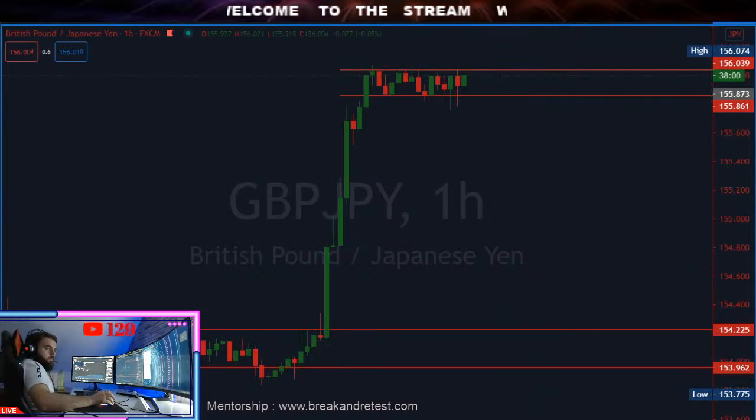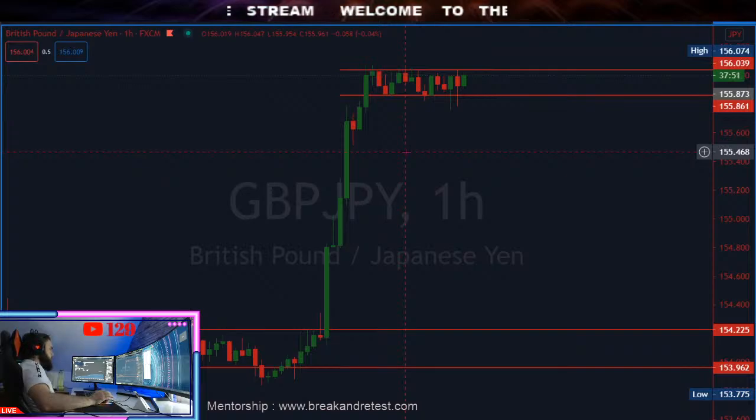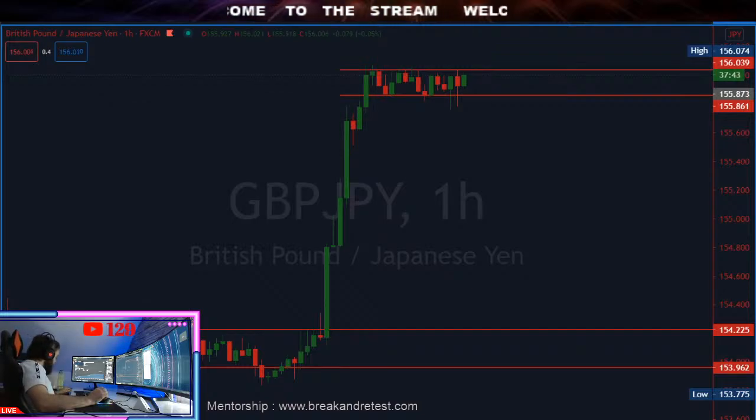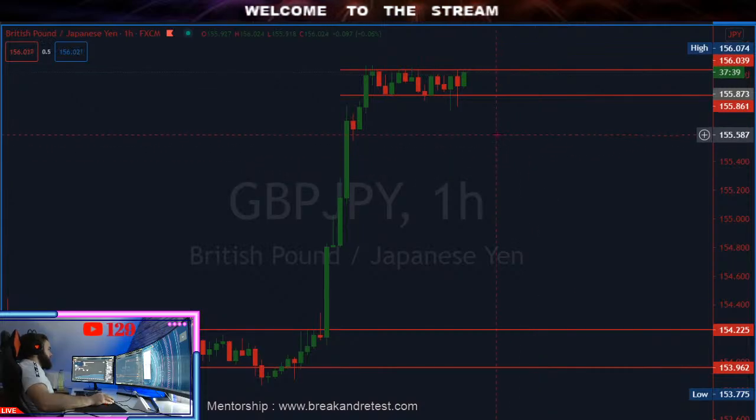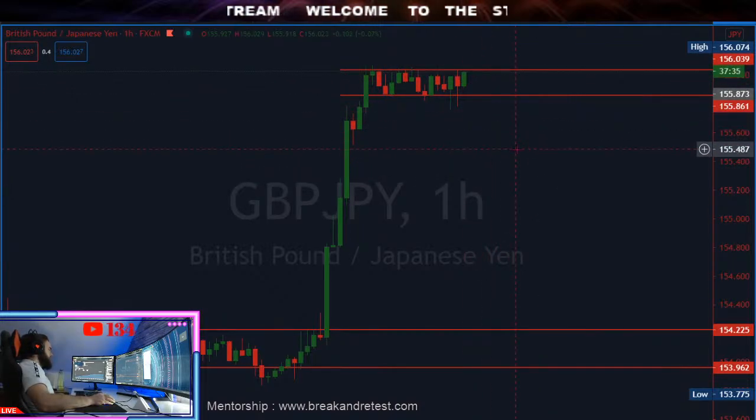So till the next hour we're just going to wait, but not here. We can do something else, eat some food, then come back later and see what happens. Otherwise, there's no point staying in front of the chart right now. GJ is pushing, hopefully it gives us a break, so we'll see.